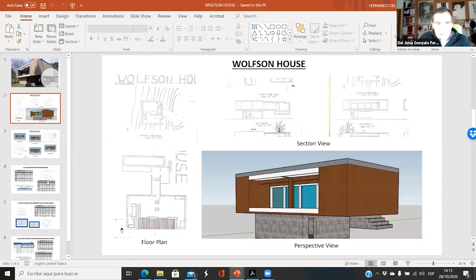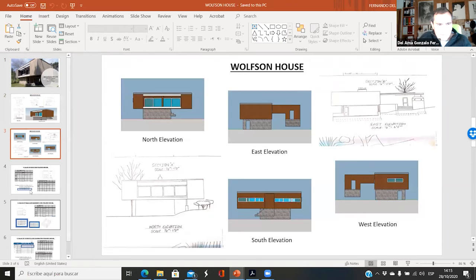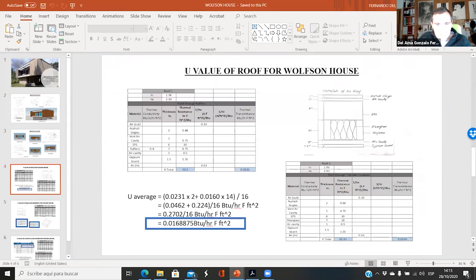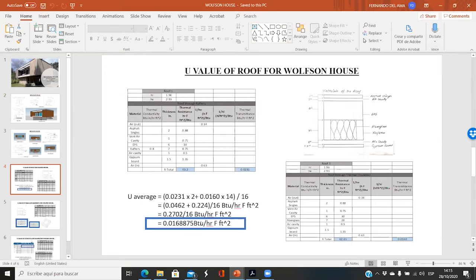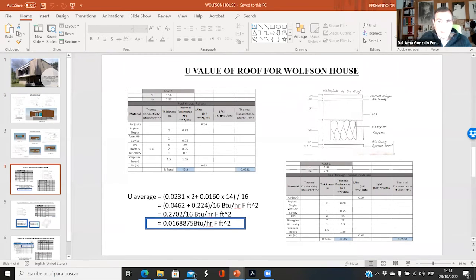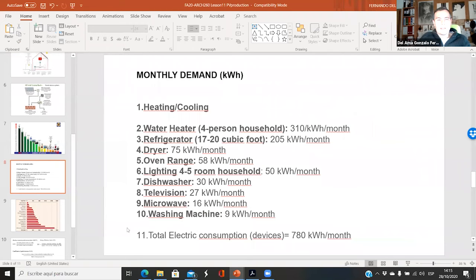And do we have the roof area here? Roof. It's 1,172. 1,100, something like that. Okay, so we can go ahead with this.